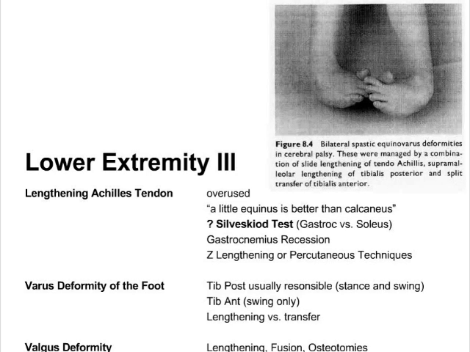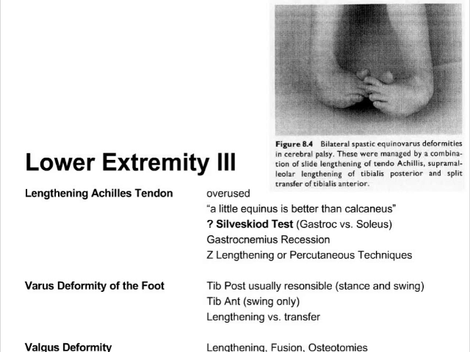And indeed, they point out that a little equinus is better than calcaneus when it comes to gait. It's important to perform the Silverskiold test, which is most sensitive under general anaesthesia. This looks at the amount of dorsiflexion at the ankle with the knee in full extension and then the knee flexed, to differentiate whether the contracture is in gastroc or also in soleus.